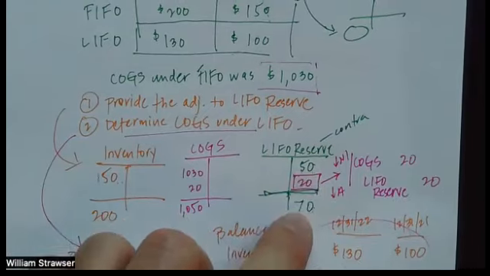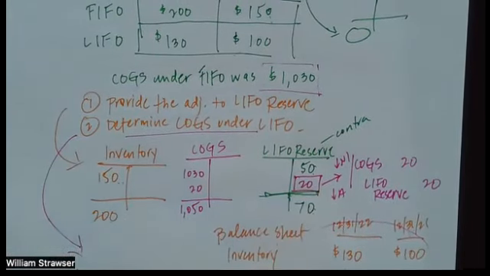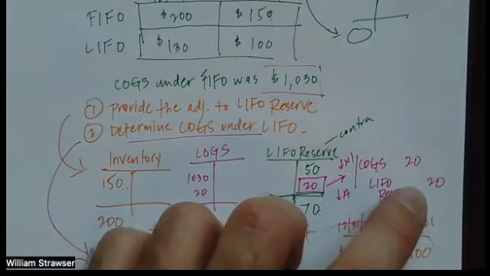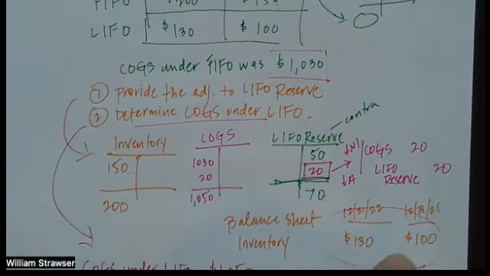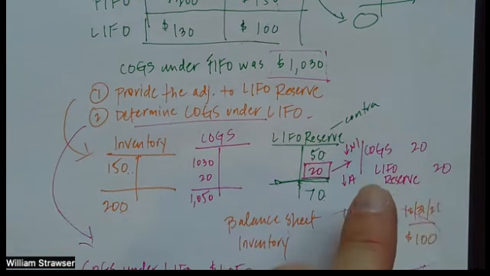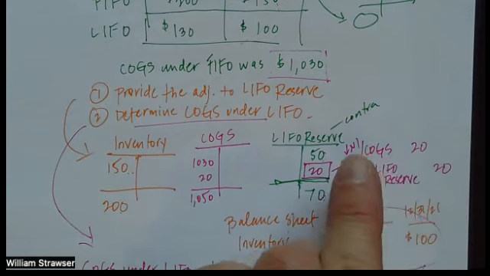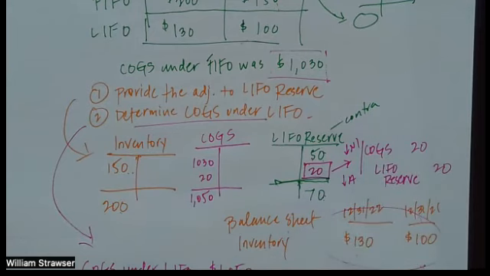That's what gives me those two balances. And then I can just solve for the adjustment. The adjustment gets journalized. The journal entry has effects to both the overall inventory amount I would report between the two methods, and the overall cost of goods sold I would report between the two methods.